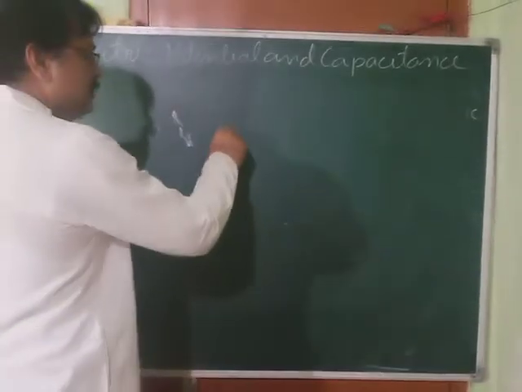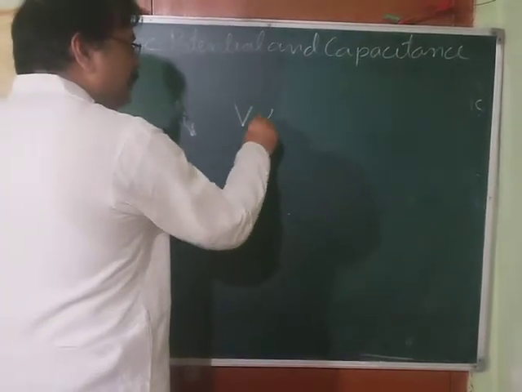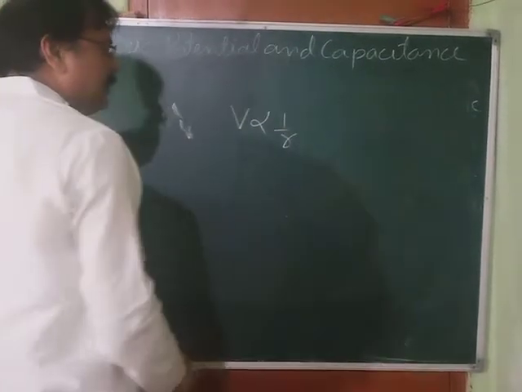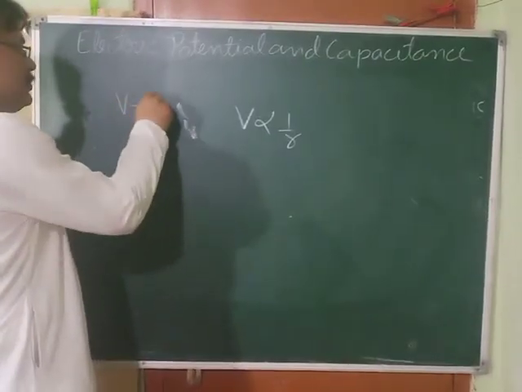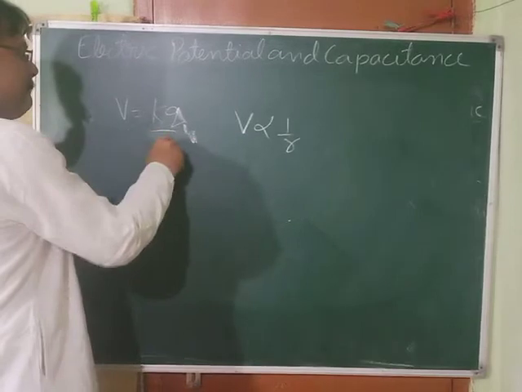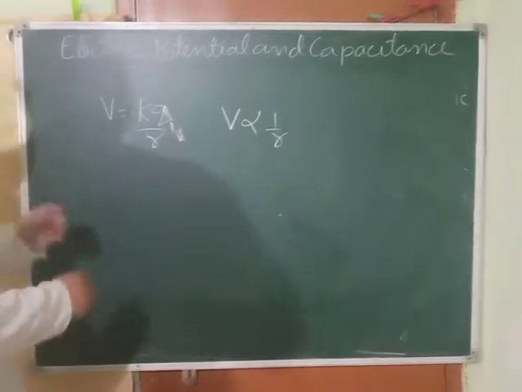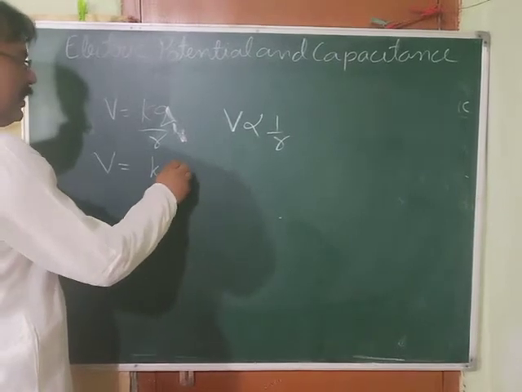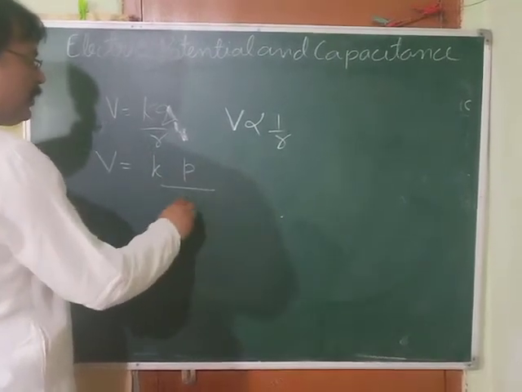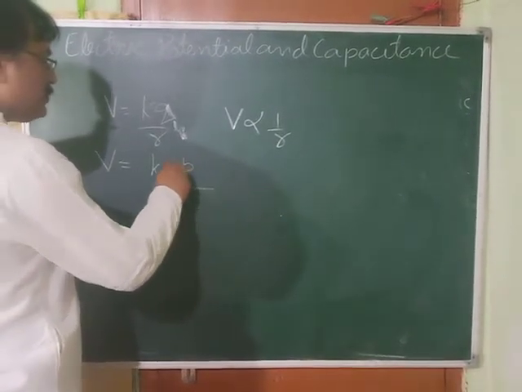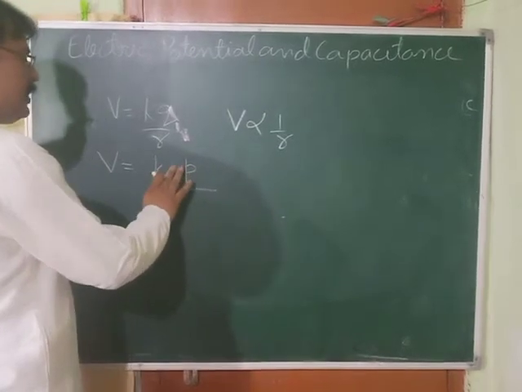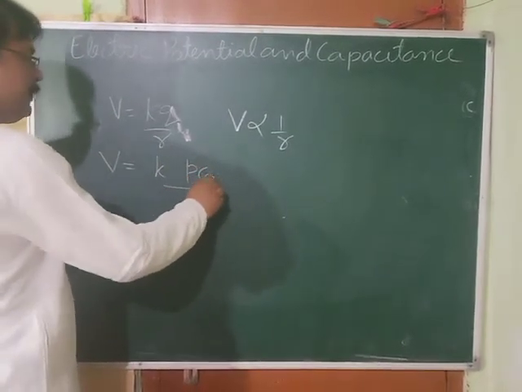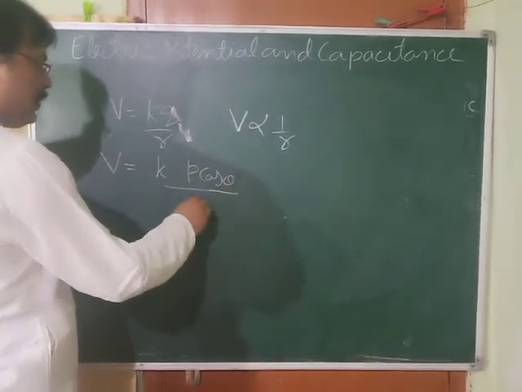In case of electric potential due to a point charge, we have seen that V is proportional to 1 by R, because we have got the formula V equals KQ by R. What about the case of dipole? We have seen that it is KP cos theta upon r square.